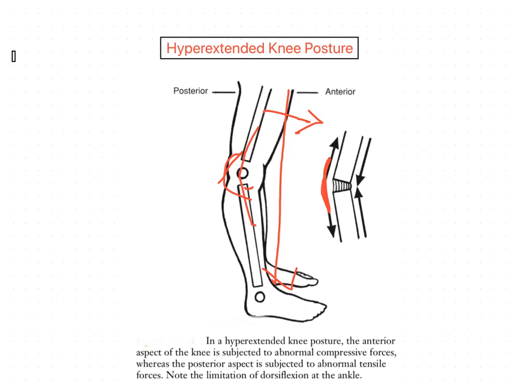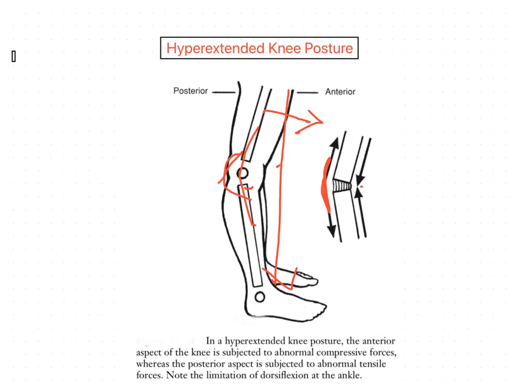And the anterior portion of the knee joint surfaces on the femoral condyles and the anterior portion of the tibial plateaus will be subject to abnormal compression and therefore are subject to degenerative changes of the cartilaginous joint surfaces. The length tension relationship of the anterior and posterior muscles may be altered, and the muscles may not be able to provide the force necessary to provide adequate joint stability and mobility.